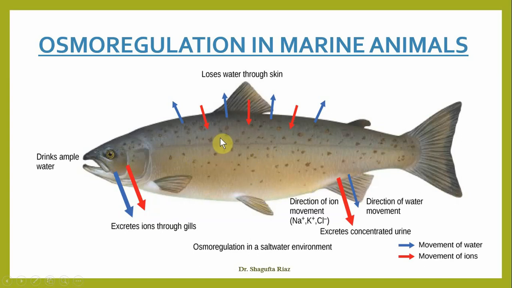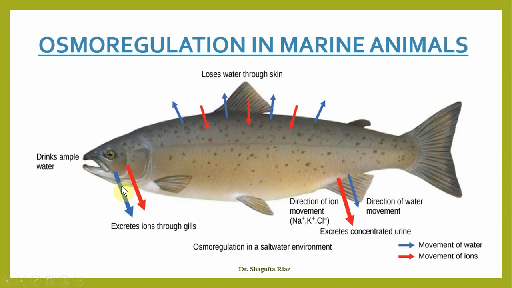That's why the water is lost through their skin, because again, in osmosis, the solution will travel from the less concentrated to the highly concentrated area. That's why their body water will be lost through their skin into the highly concentrated seawater, right? That's why they need to drink an ample amount of water, or a lot of water, right?